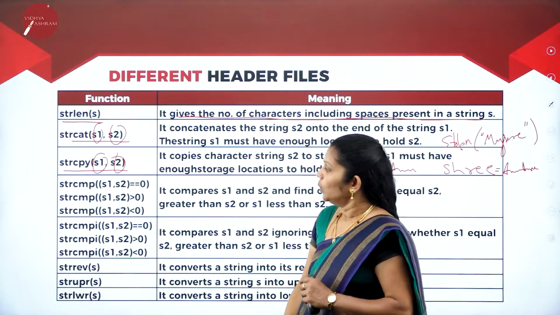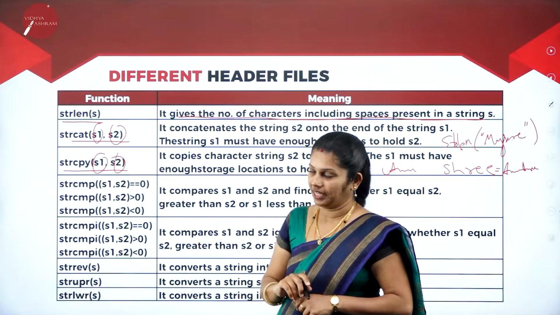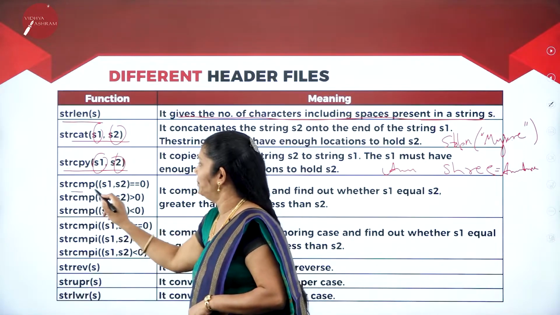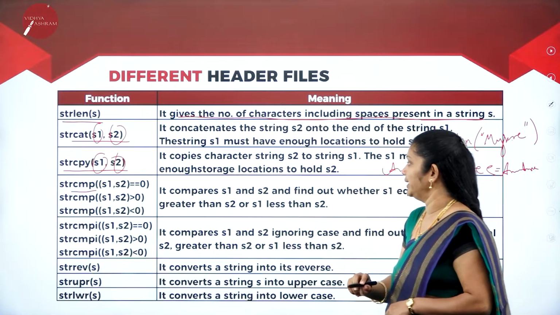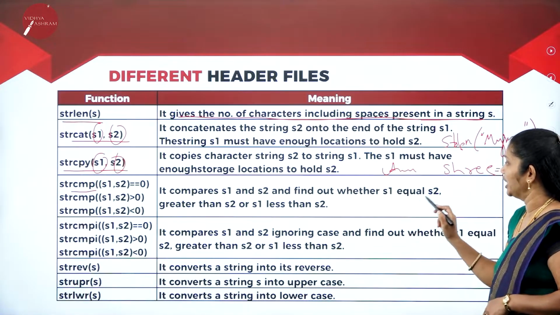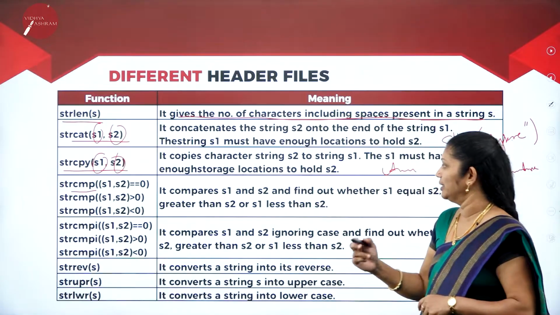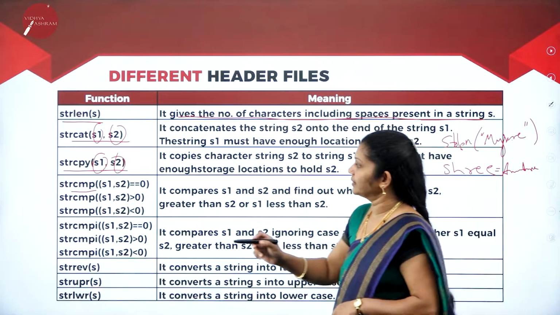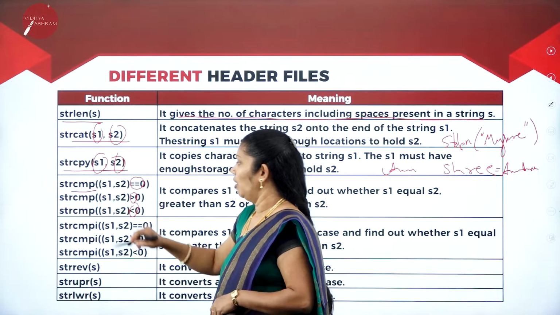When we come to strcmp S1 comma S2, it compares S1 and S2 and finds out whether S1 is equal to S2, greater than S2, or S1 is less than S2. It just calculates whether the result is equal to 0, greater than 0, or less than 0.